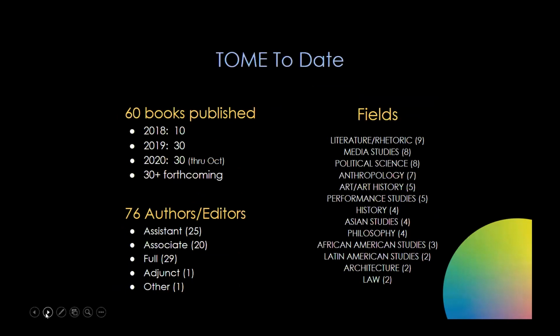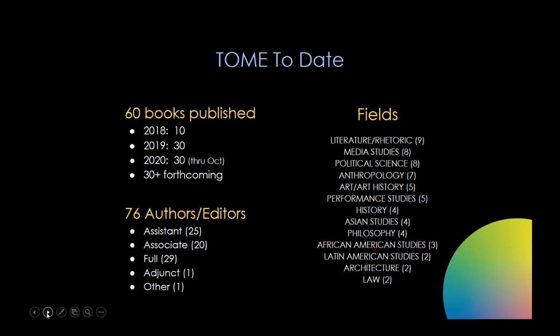So to date, under the Tome umbrella, we have published 60 books, and you can see the breakdown from 2018 when we started. This is a 5-year pilot project, so we're entering year 4.